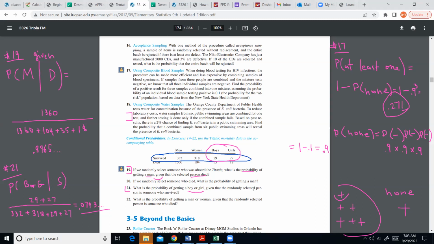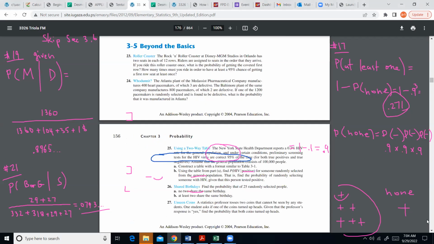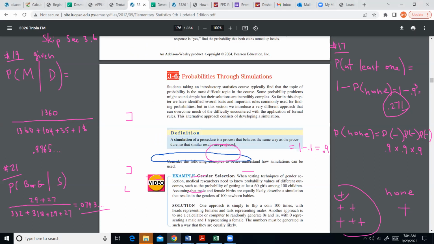Well, let us move on to the new stuff. So what I want to do is skip section 6 of chapter 3. The reason is we always skip it. Turns out section 3.6 is what we don't worry about because it deals with producing our own experiments.